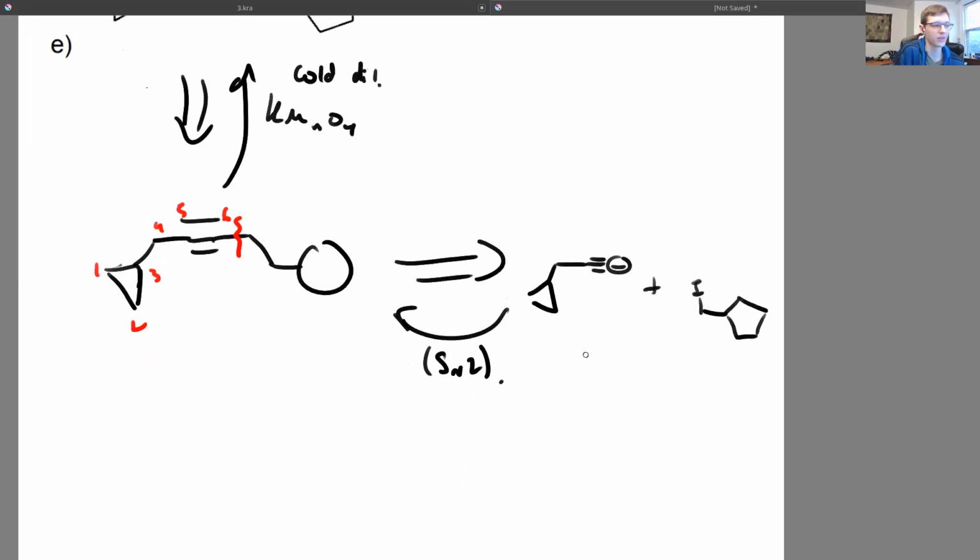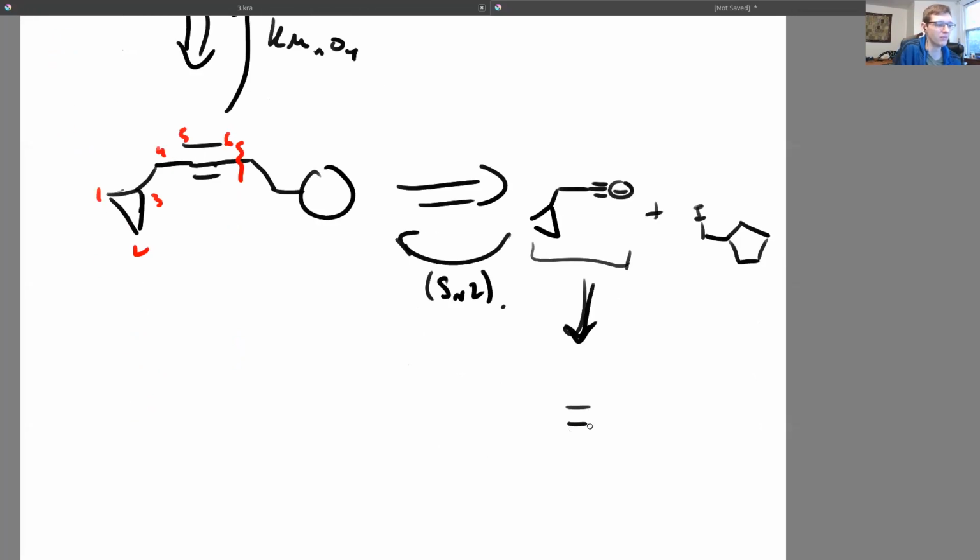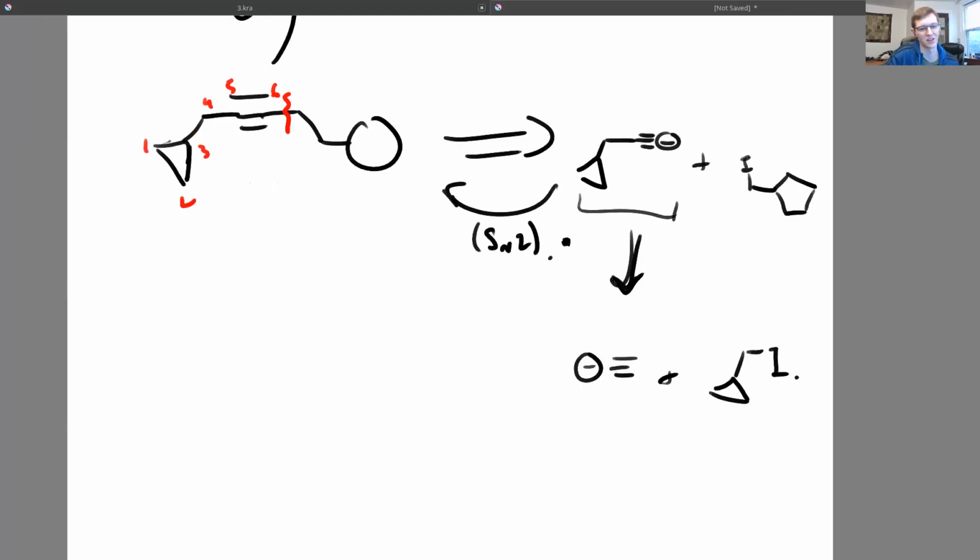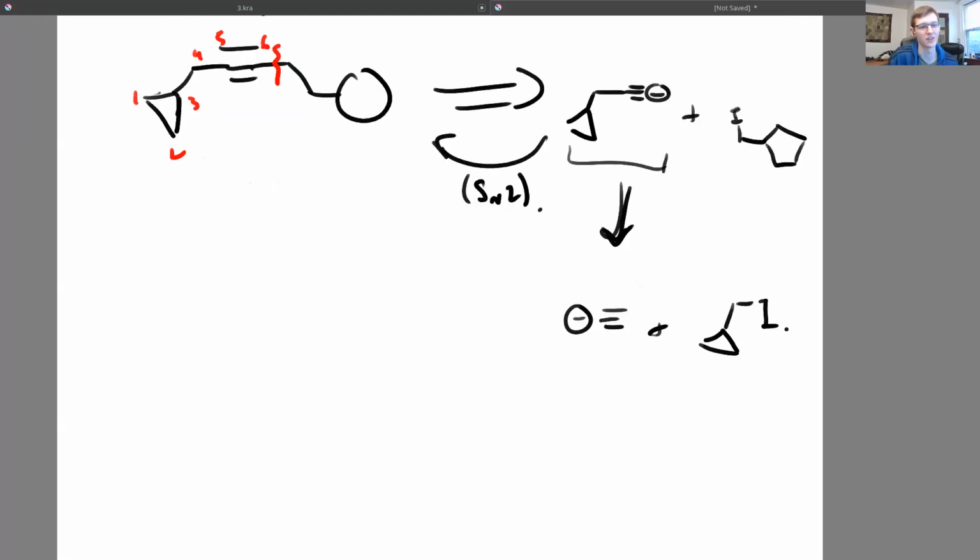But making this thing isn't that hard either. We know that we can just go backwards and make this pretty easily by also doing SN2. We've seen it a whole bunch today, so nothing crazy.